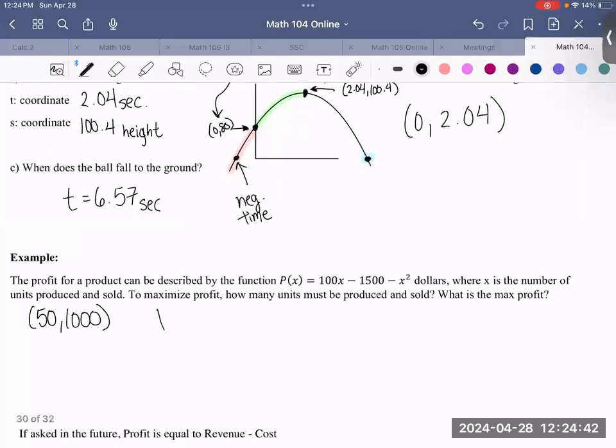Well, if x is the number of units sold, y is equal to what? Or P of x is equal to what? Profit. So how can we bring this together in terms of the context?